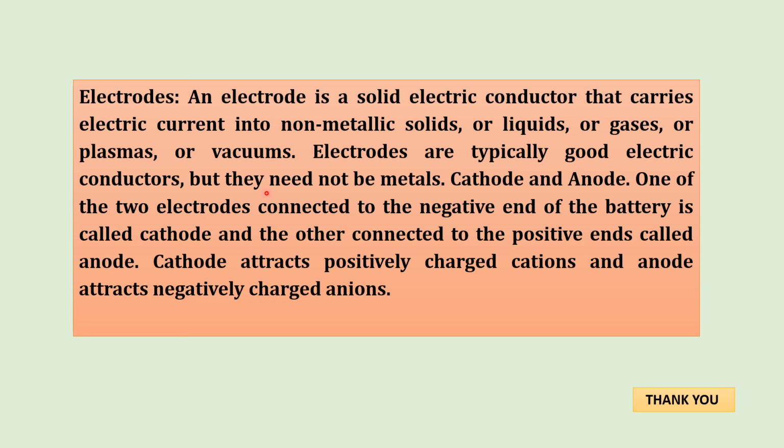Cation is positive, so cathode is negative. That's why cathode connects with the negative end of the battery, and anode is just the opposite. Anions are negative, so anode will be positive, which means anode connects with the positive end of the battery. Hope you have understood what I want to tell you in this slide.